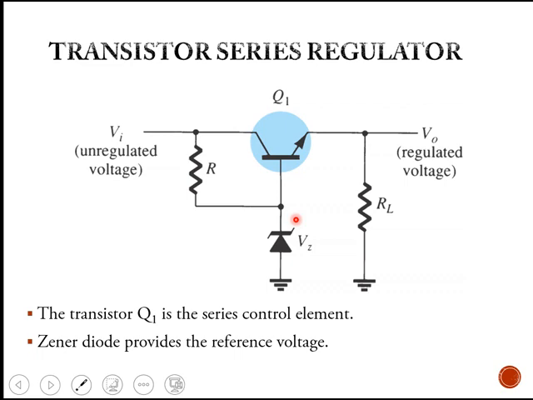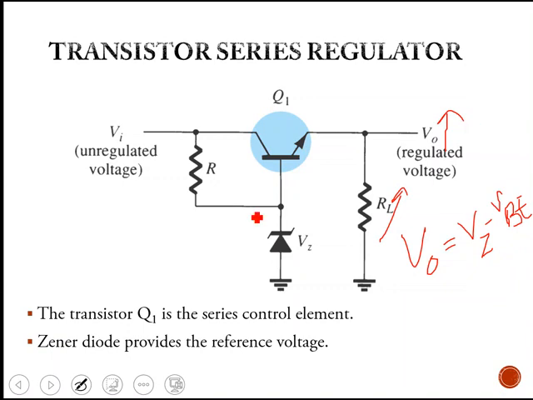And we can observe here that the output voltage V0 is equal to Vz minus VBE. So if the load resistance is increased, we know that the load voltage also increases.